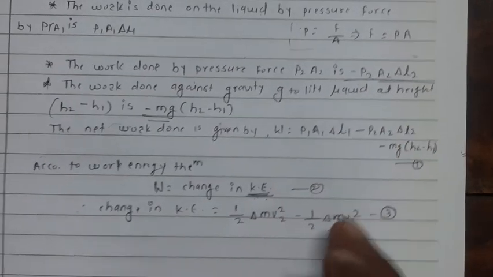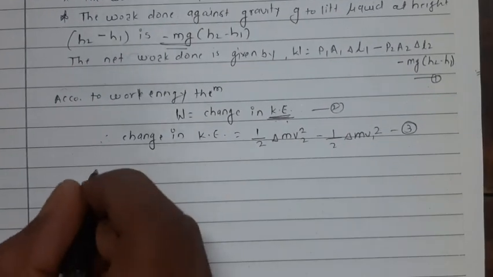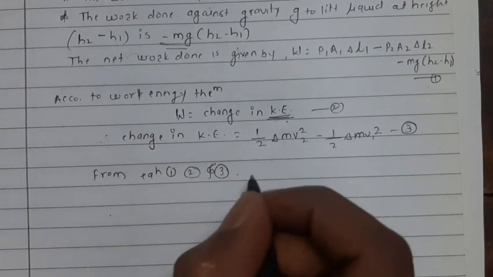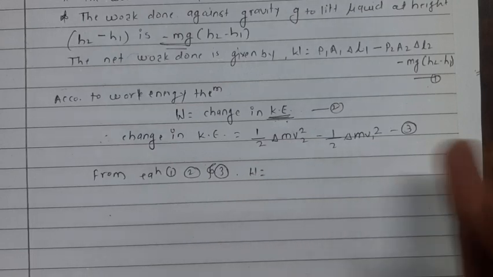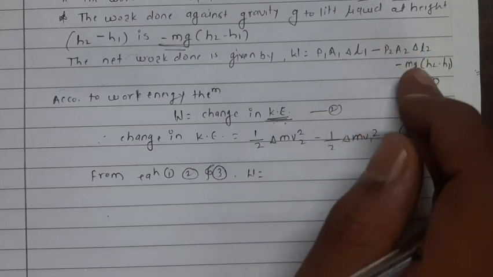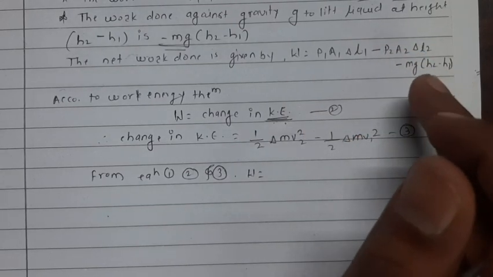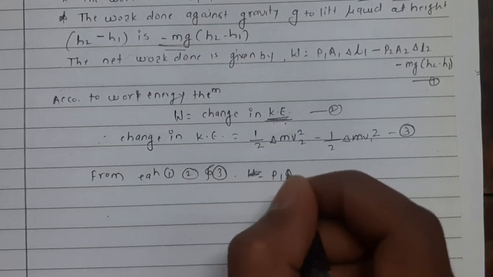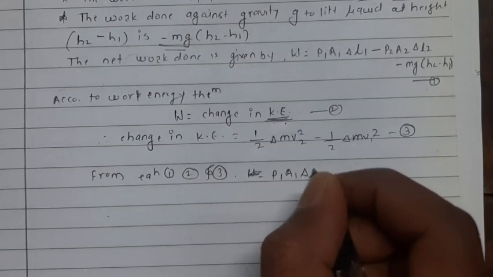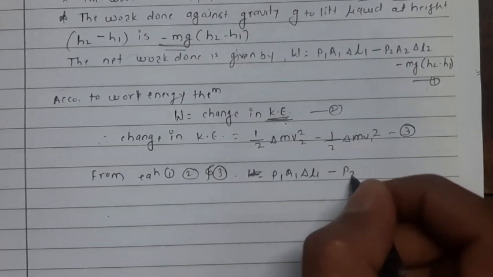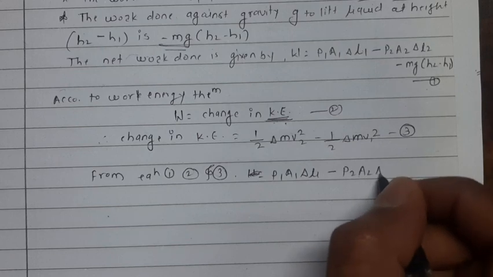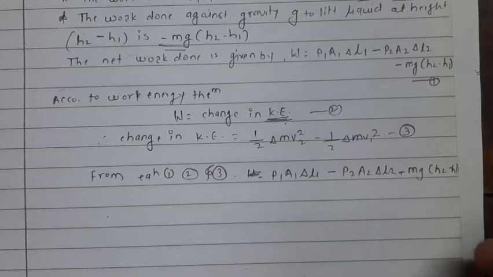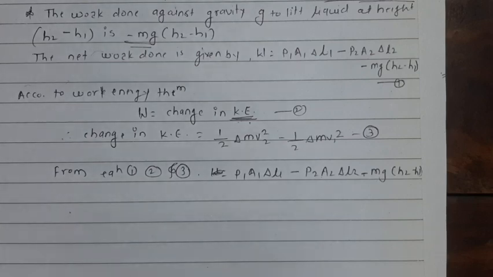So W is equal to P1 A1 delta L1 minus P2 A2 delta L2 minus mg (h2 minus h1). This is the work done, which is equal to the change in kinetic energy.